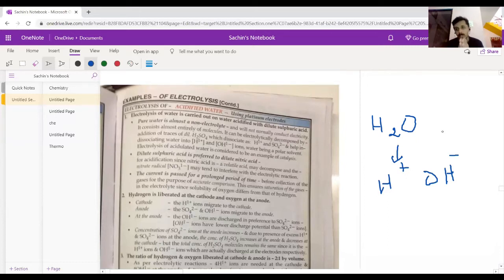Because the presence of H plus and OH minus ions in pure water is extremely low. If you have to put it in numbers, the ionic product of water, don't bother much about this concept, is 10 to the power minus 14. That means there are very few cations and anions, an extremely small number.